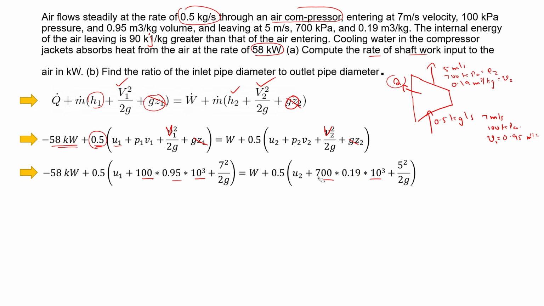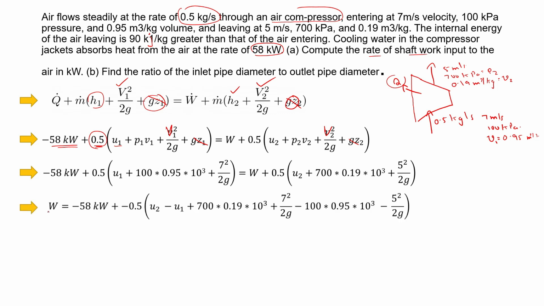Plus V2 square by 2g, this is 5 square by 2g, and V1 square by 2g, as the inlet velocity is given, is 7 square by 2g. So W is equal to minus 58 kilowatt plus this, so you can solve this.